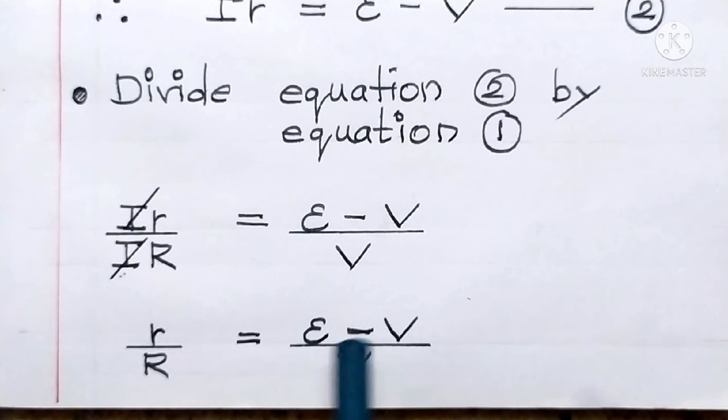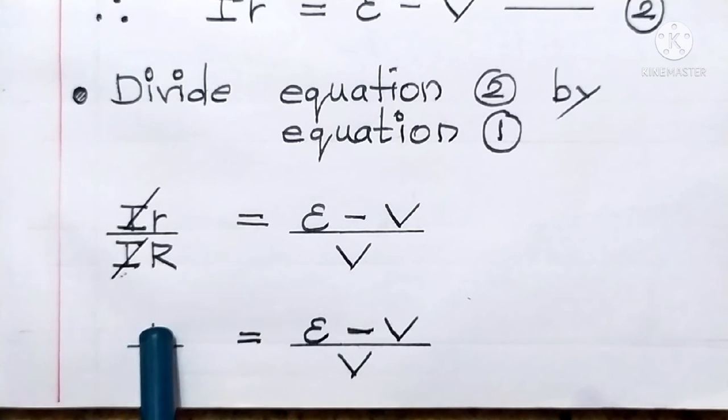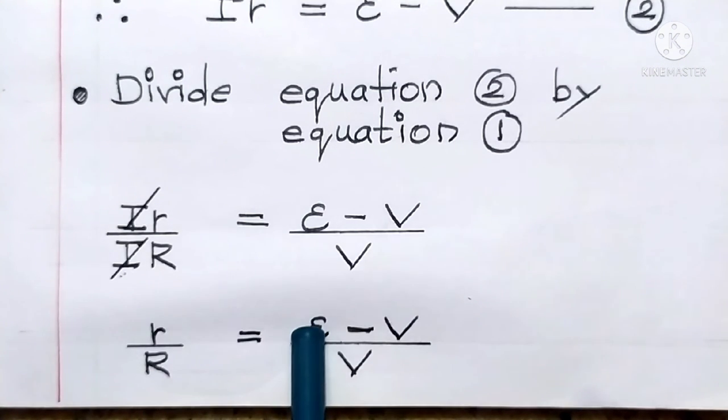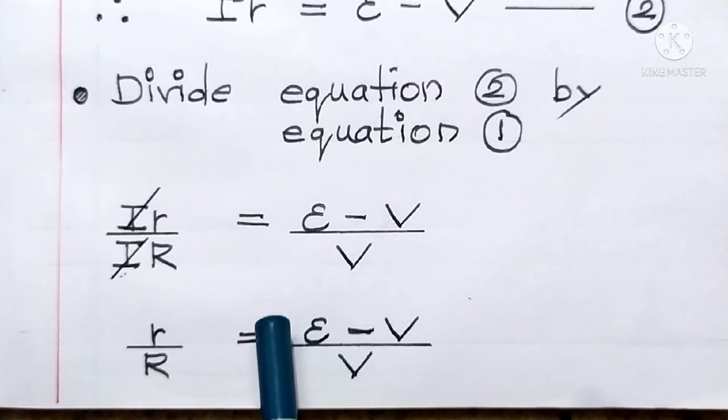In the next step, what will happen? While keeping the small r as it is, if we bring this R over here, it will become multiplied.